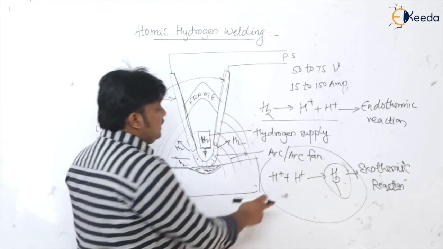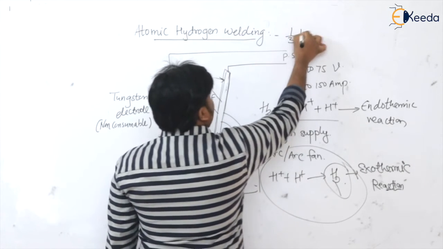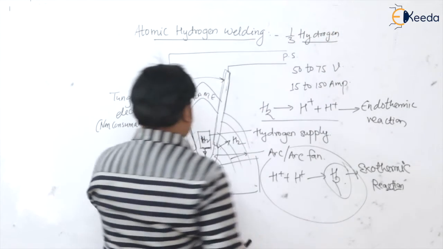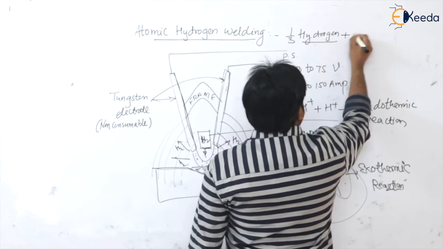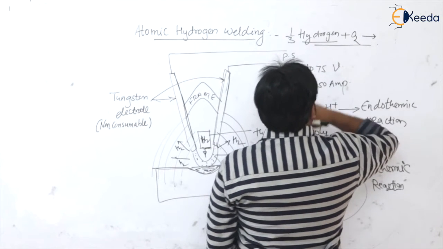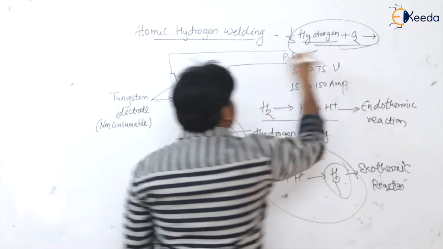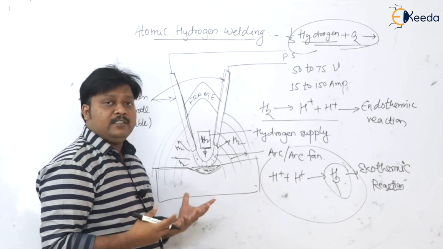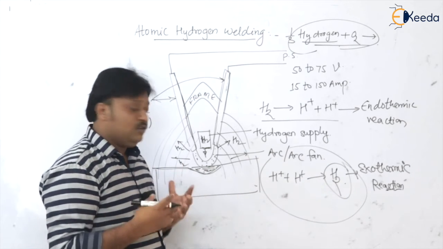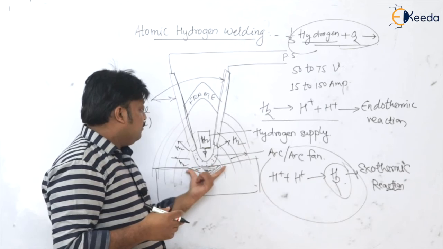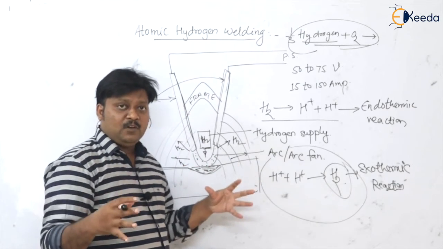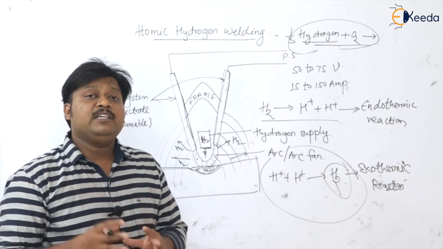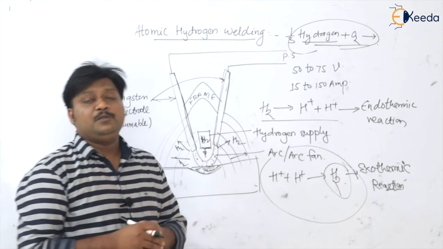Please remember, in addition to this, 1/3 of the hydrogen is taken from the hydrogen supply and we are burning it, and this heat is also utilized in the weld. The remaining 2/3 of the hydrogen goes away from the welding zone and creates a shield, so that no atmospheric contamination can enter the weld pool.